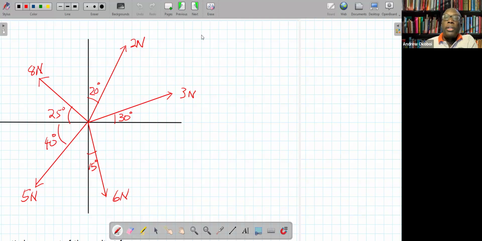So if I write this out very quickly, I'll do the horizontal one first. The horizontal one, I'll start here. So I'll start by saying 3 cos 30 plus 2 sine 20 plus, and I'm going to take this one down here, 6 sine 15, because this one has the closest axis to the positive one, minus the other 2, which is 8 cos 25 and 50 cos 40.